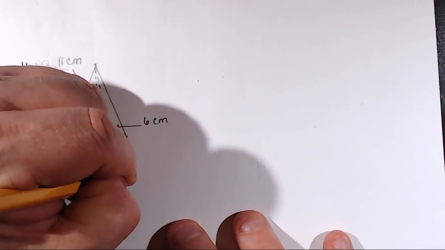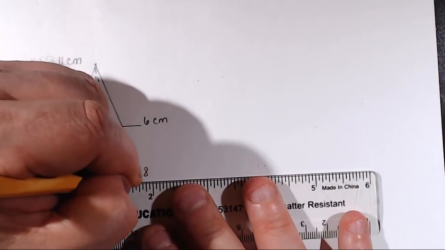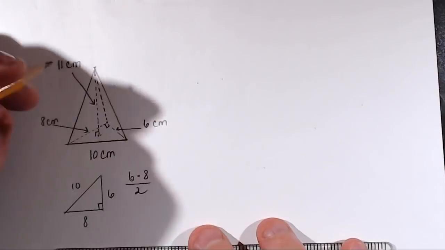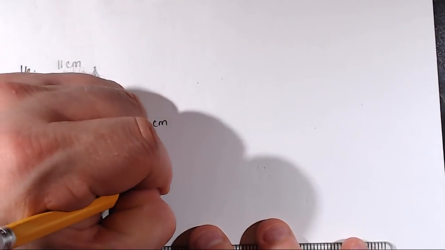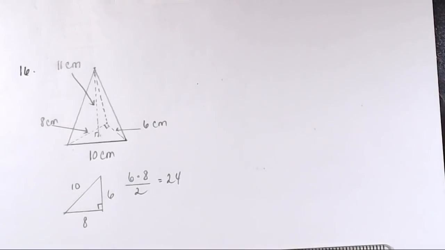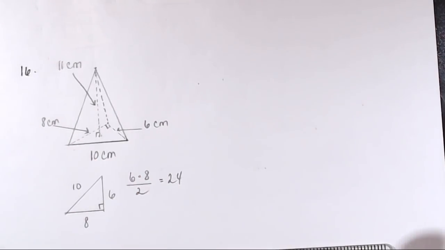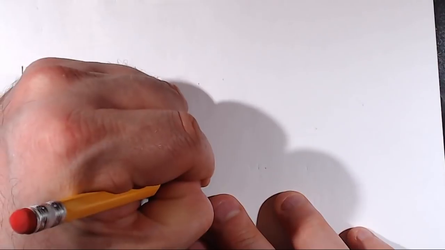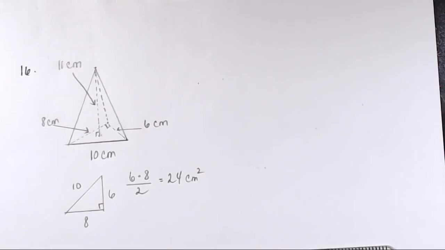So that's 6 times 8 divided by 2. 6 times 8 is 48. 48 divided by 2 is 24. So I'll make sure I'm doing that right. 6 times 8 is 48. 48 divided by 2 is 24. So 24 centimeters squared.